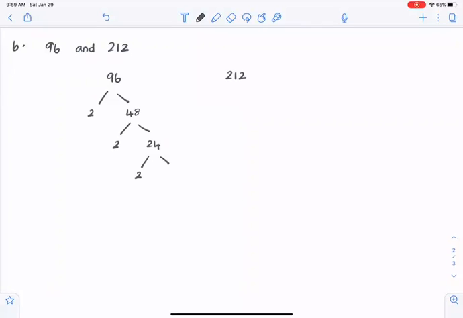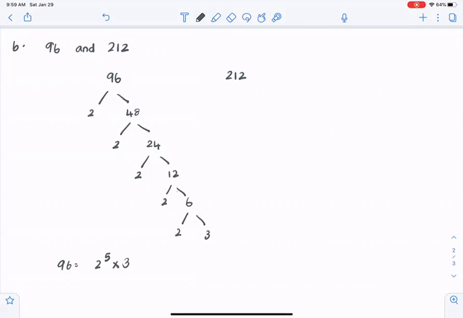So 2 times 12 is 24. 12 is divisible by 2. 2 times 6 is 12. 6 is divisible by 2. 2 times 3 is 6. And that would be it. So 96 is 2 times 2 times 2 times 2 times 2 times 3, which is 2 raised 5 times 3.